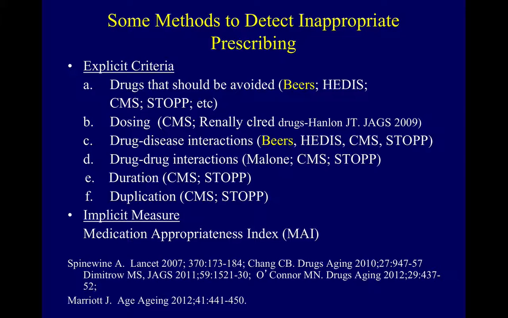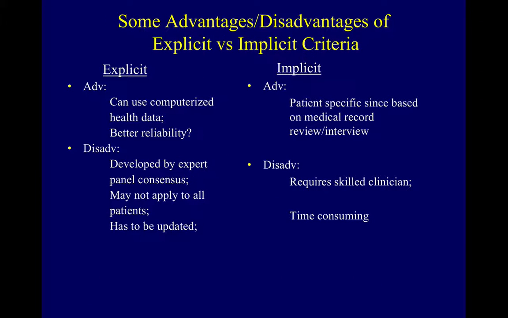A lot of what the Beers criteria does has been adopted by HEDIS, which I told you earlier in the prior talks is the way we measure prescribing in physician practices. CMS uses an adoption of the Beers criteria to regulate nursing homes. I talked about the STOPP/START criteria, and explicit criteria is the biggest criteria we use. I'll talk about implicit criteria at the very end of this talk.